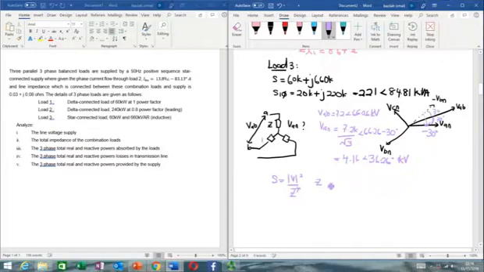To get Z, just take the magnitude value 4.16k squared, divide by S. S is 221k angle 84.81.